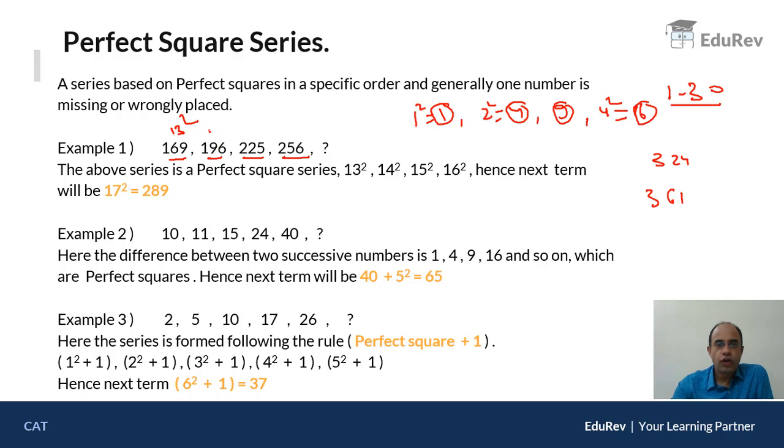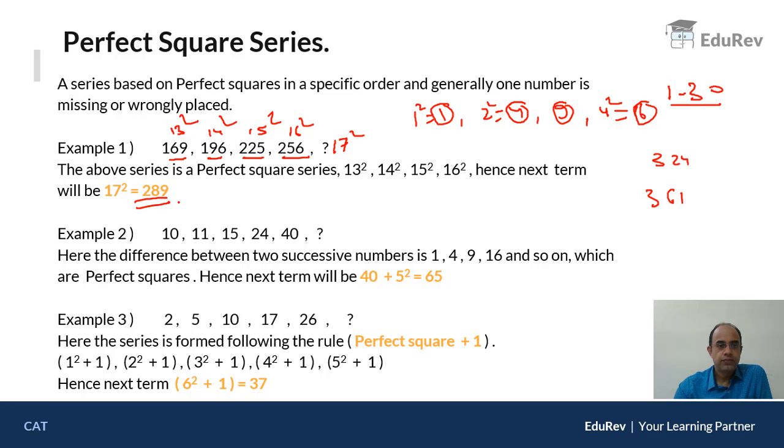Oh, this is 14 square. If you're not mugged up, that becomes a very, very difficult question. Hence, the first thing before moving to number series is mugging up squares from 1 to 30. This is 15 square. This is 16 square. The next has to be 17 square, which is 289. Hence, the question mark will be filled by 289.